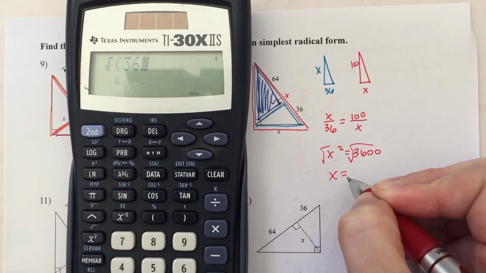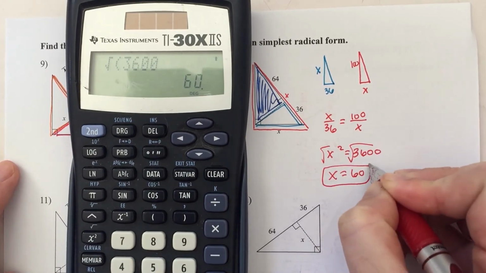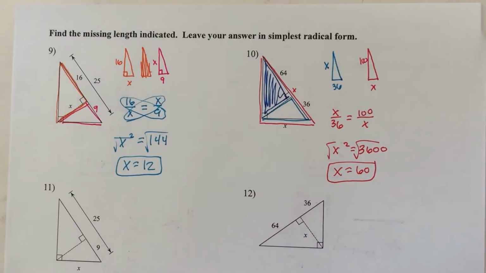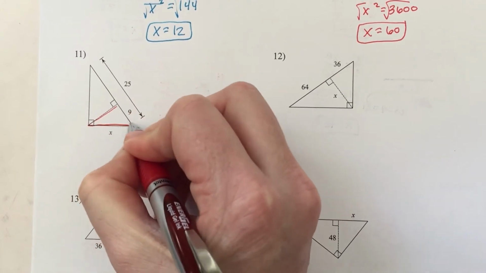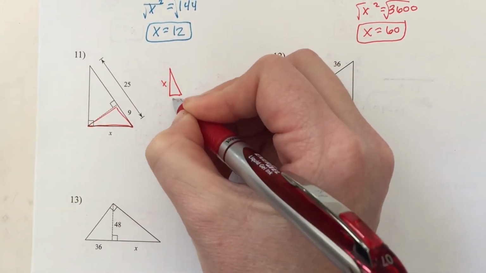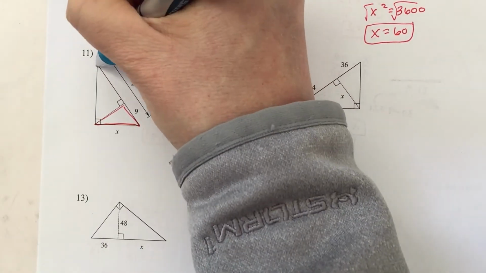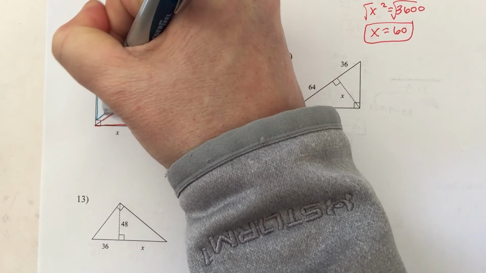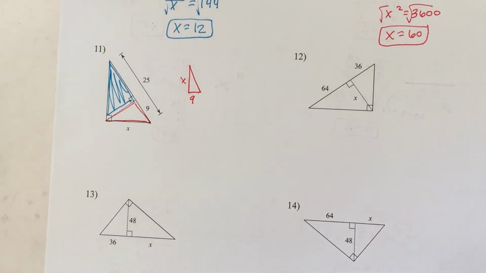Square root 3600 is 60. I'm going to pull out this triangle right here. My longest side is x, my short side is 9. If I try and take this triangle out, there are no labels, so I'm not going to use it.